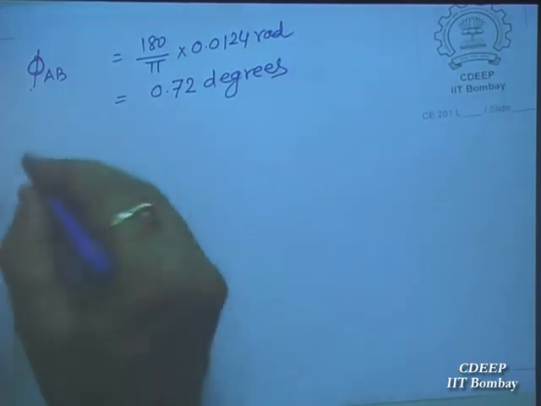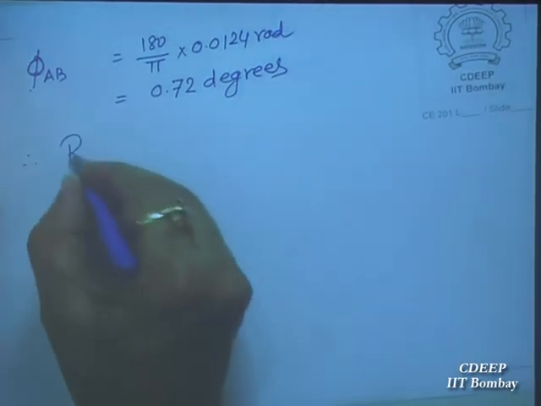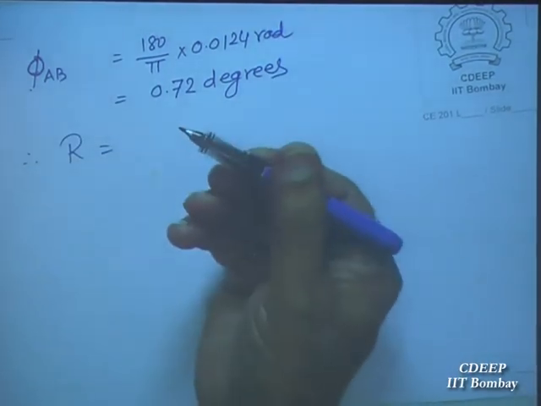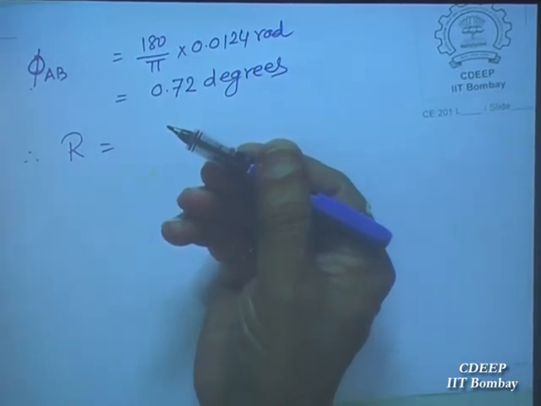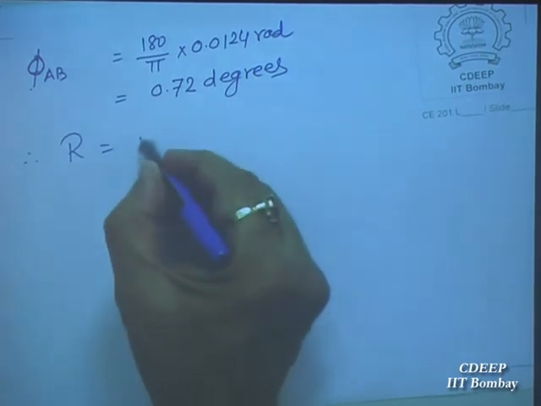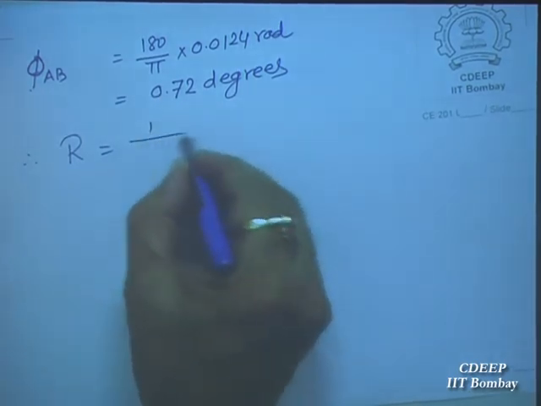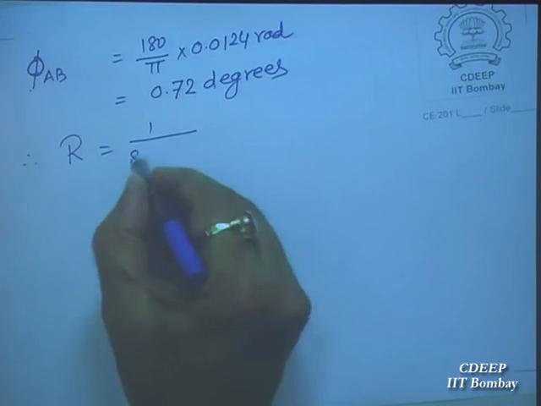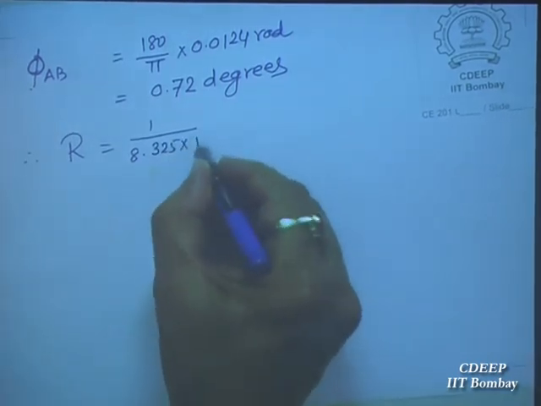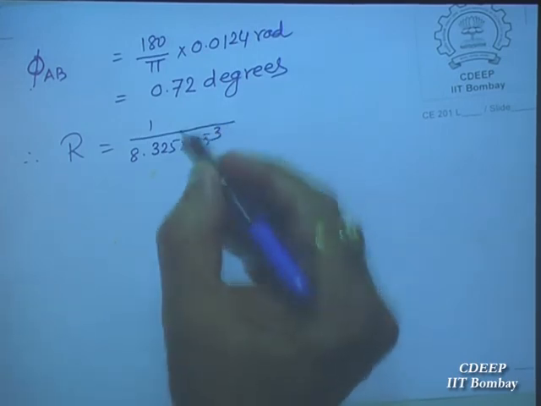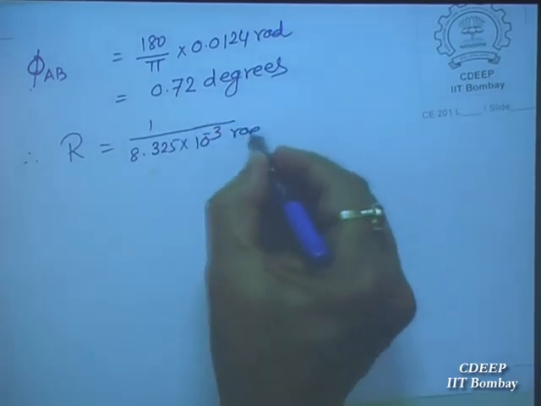Supposing you want to find out R, of course 1 by R you have found out. 1 by R was equal to 8.325 into 10 to the power of minus 3 radians per meter.